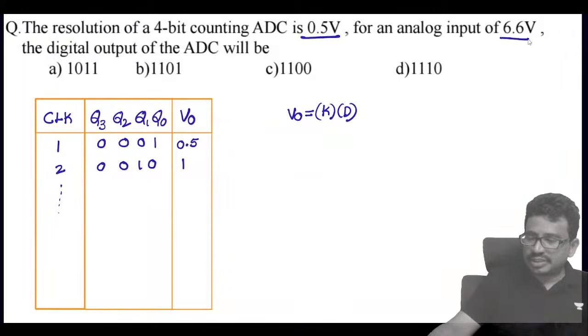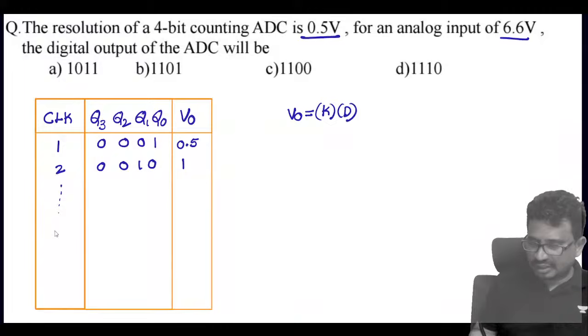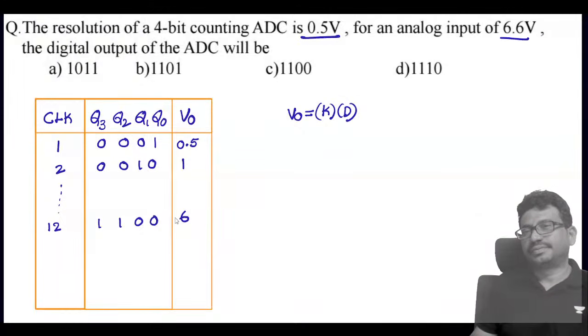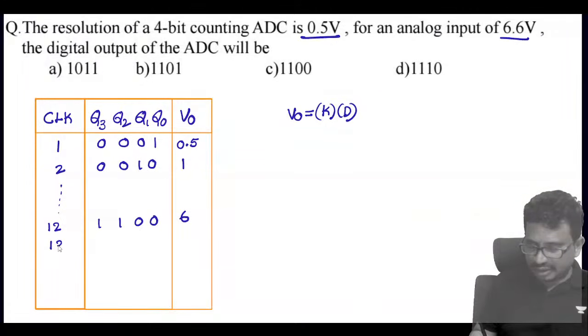So let us consider we have given 12 clocks. 12 clocks means this is 1, 1, 0, 0. This value will come as 6. 13 clocks, 1, 1, 0, 1 will come as 6.5.